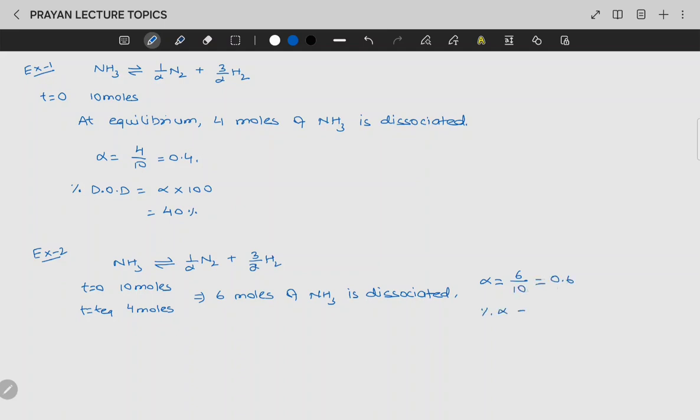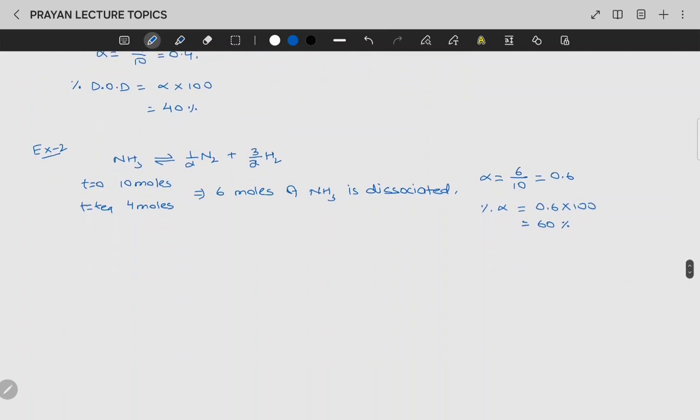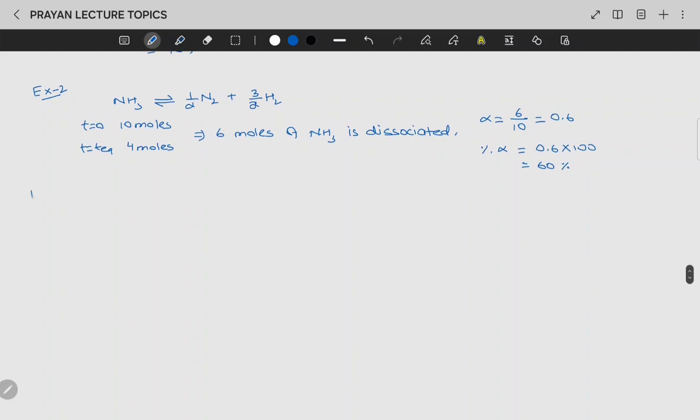The percentage degree of dissociation will be 0.6 into 100, which is 60%. Let's take one more example. Example 3: same reaction, NH3 gives half of N2 plus 3 by 2 H2.